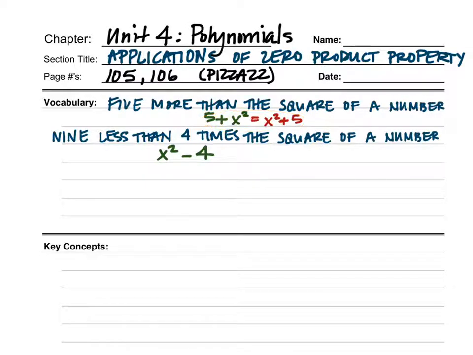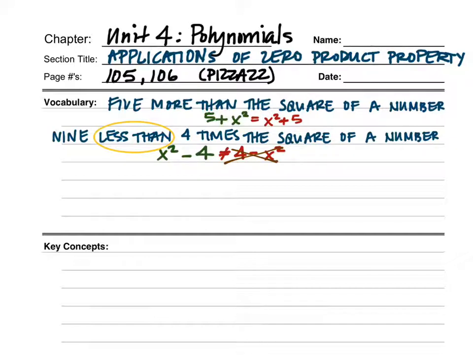But x squared minus 4 is not the same as 4 minus x squared. That is not the case. So we want to be really careful, and the key item here is that with less than, we have to switch the order.